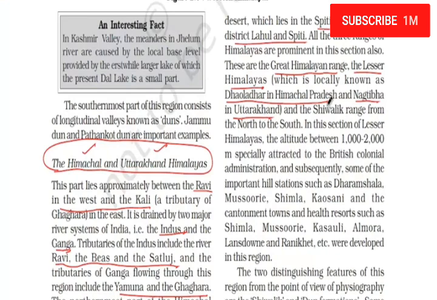And then you have Shivaliks. You all know that greater Himalayas is continuous. Lesser Himalayas has some passes or breaks in between. Pirpanjal, Dhauladhar, Nag Tibba are the best examples of lesser Himalayas. And then you have Shivaliks, which are also broken into pieces.